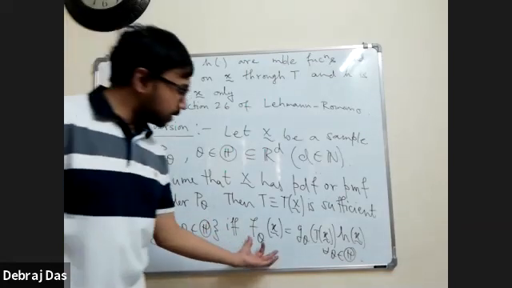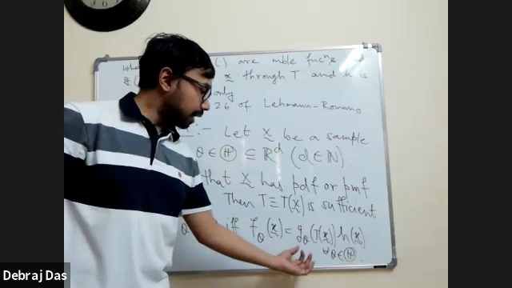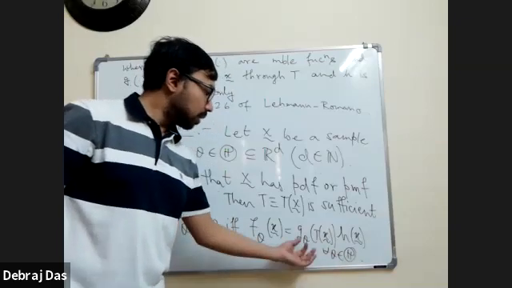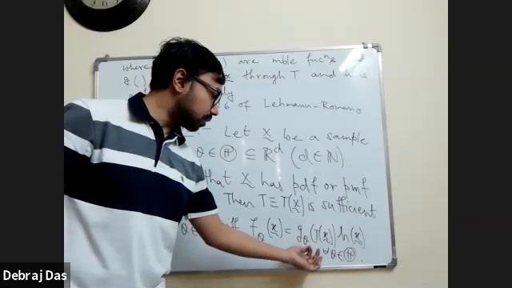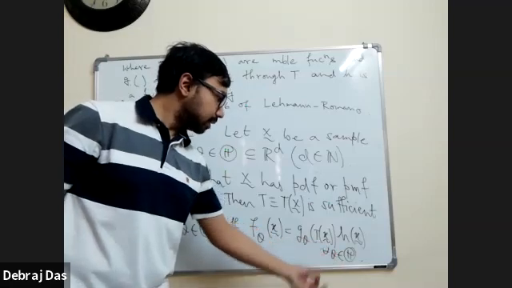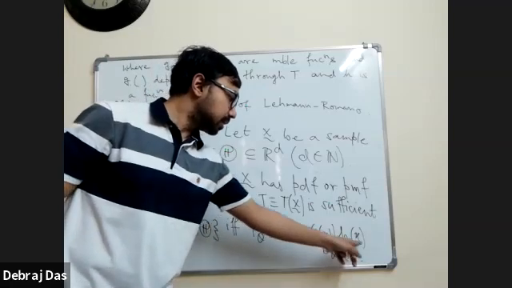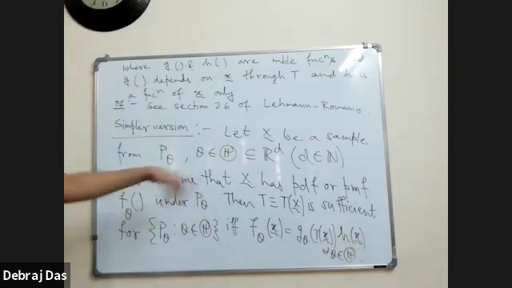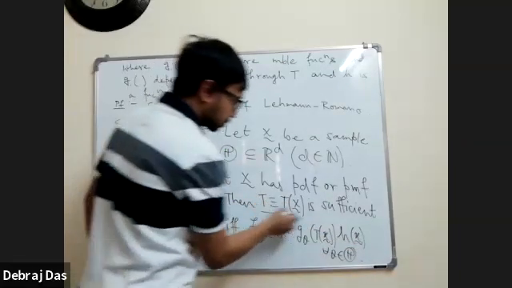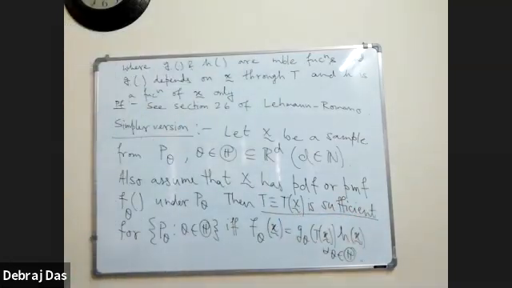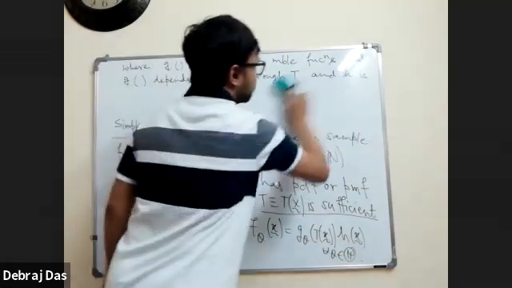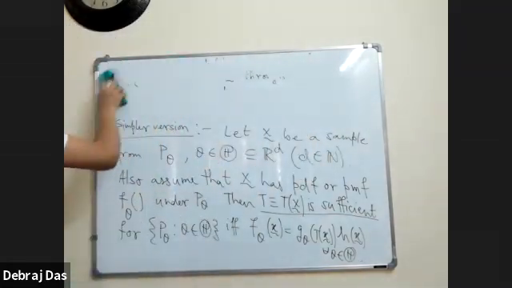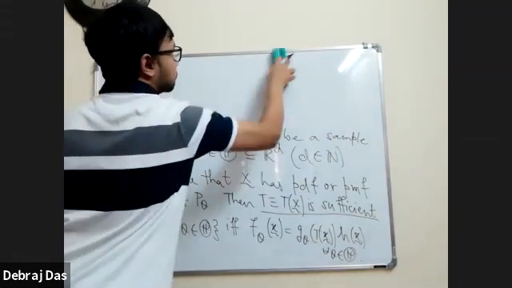Then if you can write the joint PDF as a product of these two functions, where this G depends on theta and T, and H depends only on X curl, then this T is sufficient. Okay, so let's look into the proof of this version of the theorem.